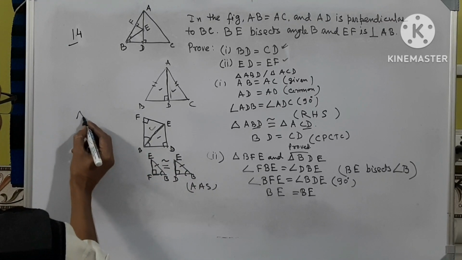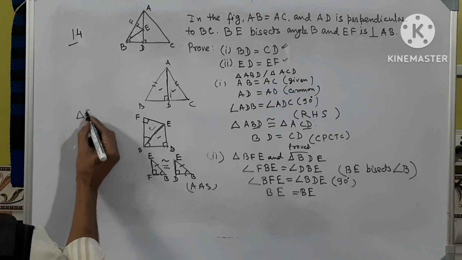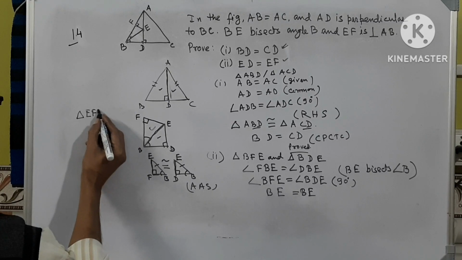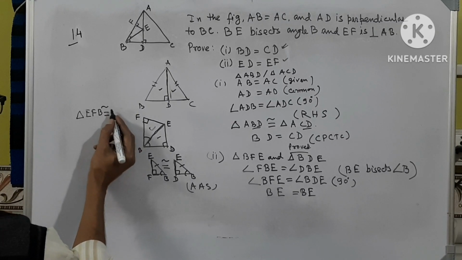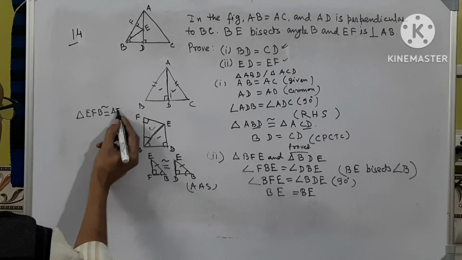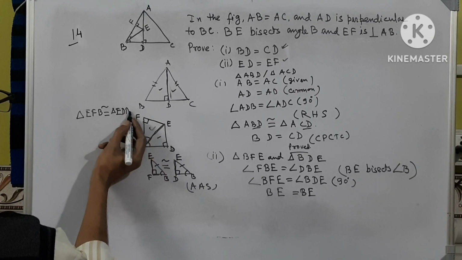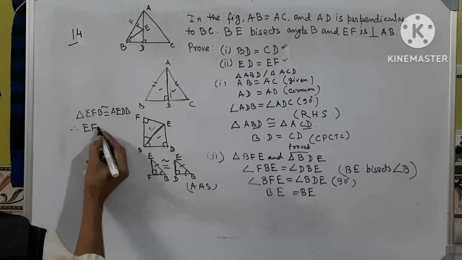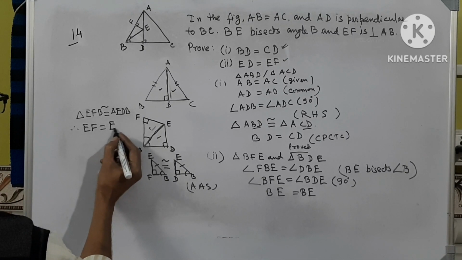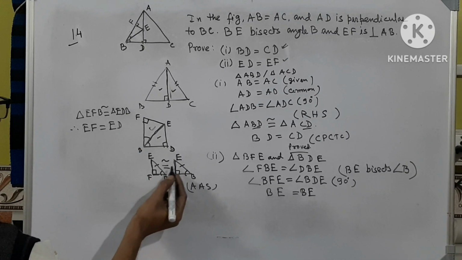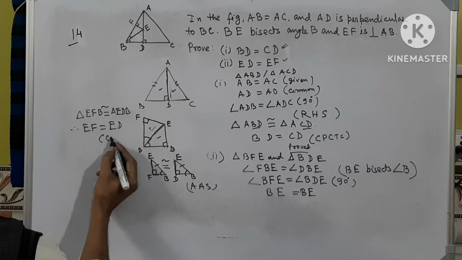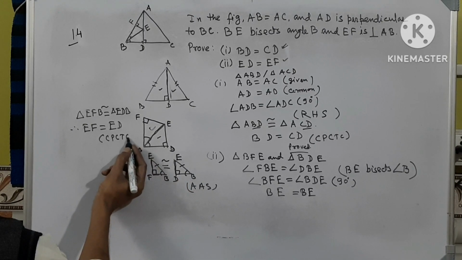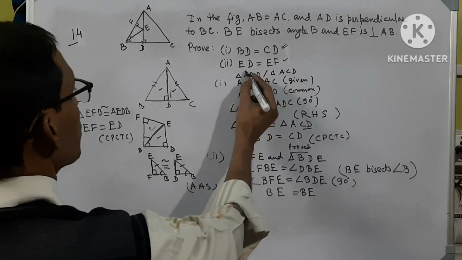So triangle EFB is congruent to triangle EDB. So EF equals ED by CPCTC, and that you have to prove.